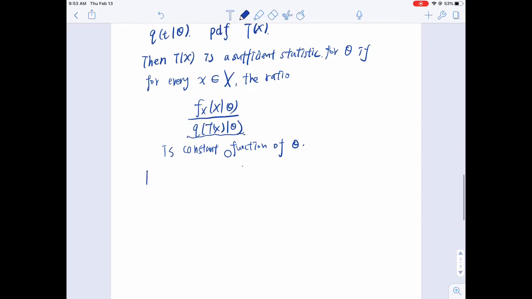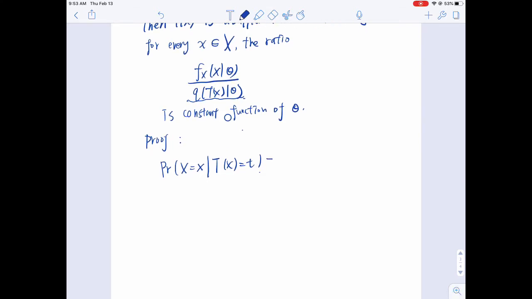So let's look at the proof of this theorem. The theorem says the probability of X conditional on T(X) is a constant, is independent of theta. That's the definition. So let's further expand this.